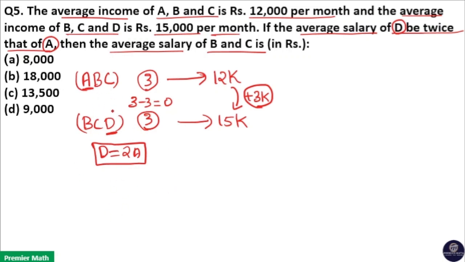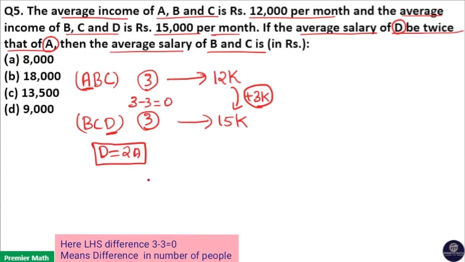Here D has more salary, so D minus A is the difference on the left hand side. Here the left hand side difference is 0, but the data has a difference of D minus A. So D minus A is equal to the right hand side difference 3k into the left hand side top number, which is 3. The logic is clear, that is, D has more salary than A.